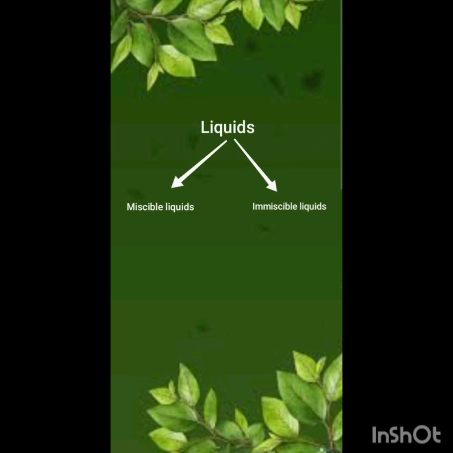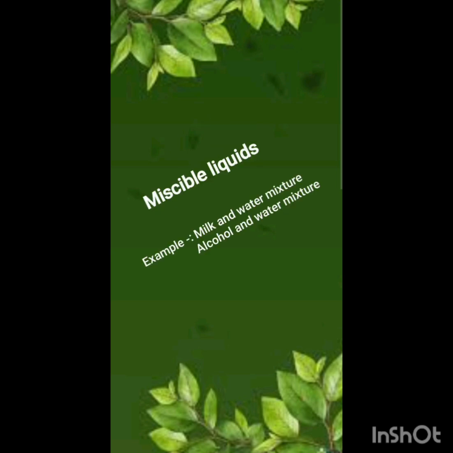Children, liquids can be classified into different types based on their properties, like miscibility. Based on miscibility, liquids are of two types: miscible liquids and immiscible liquids. If you mix milk with water, you cannot distinguish between the two.